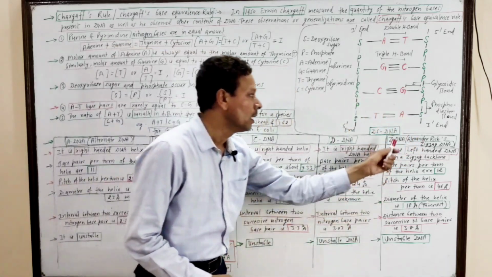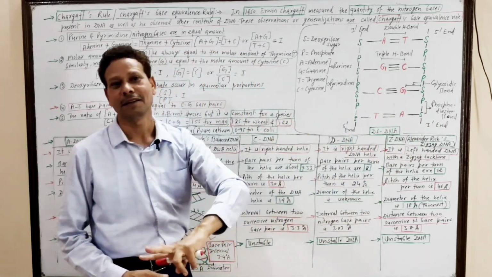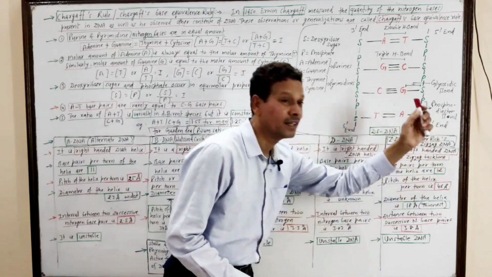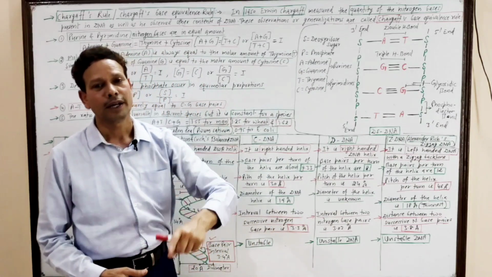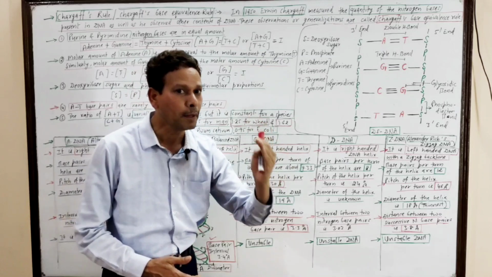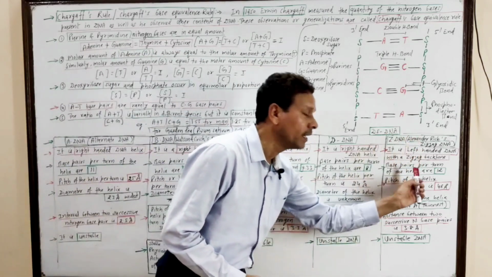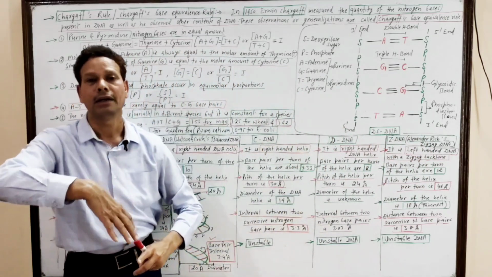It was given by Alexander Rich, and it is zigzag DNA. This helix is left-handed. Note down, all these DNAs A, B, C, D are right-handed helices, but Z DNA is a left-handed helix.